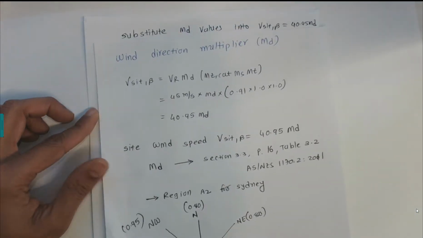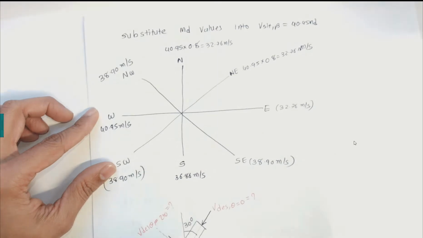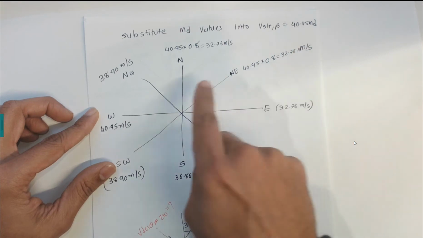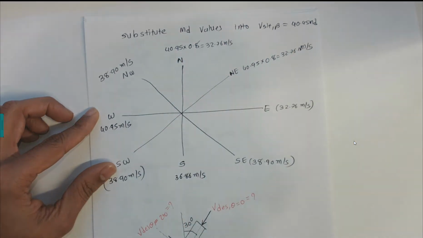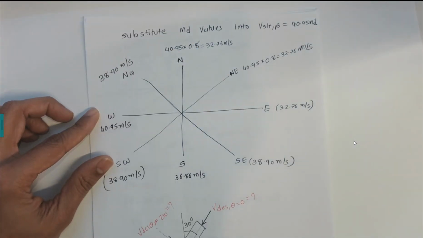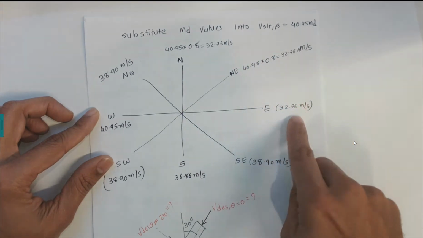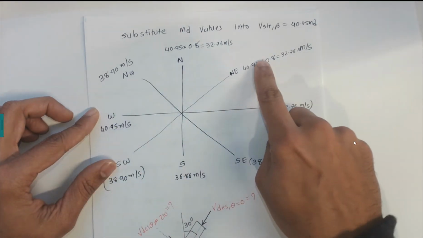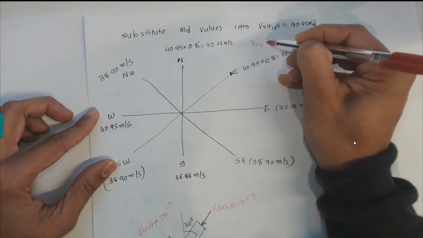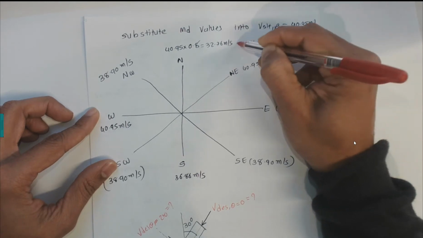If you substitute the MD value of 0.8 that we found for north from table 3.2, we can find 8 different values of site wind speed, where beta is the direction. For example, the site wind speed for north is 32.76 meters per second.